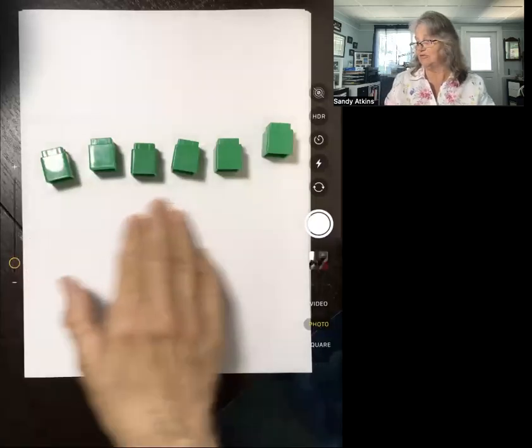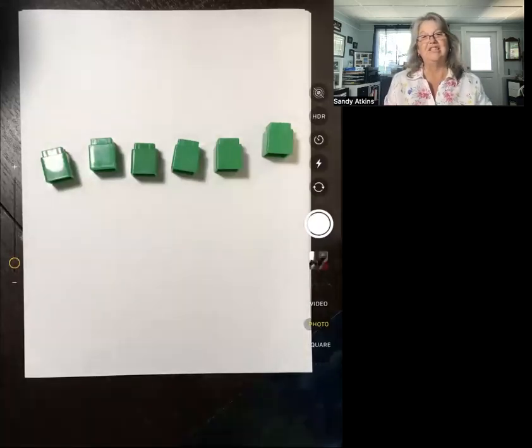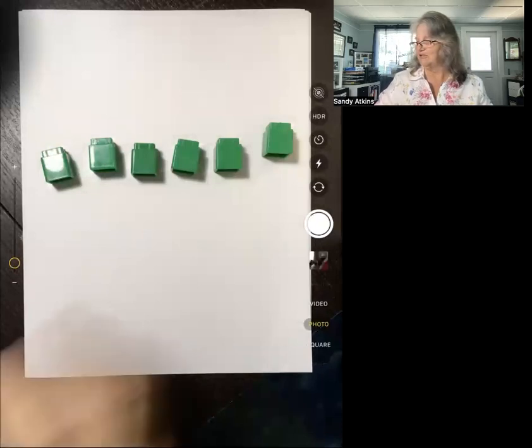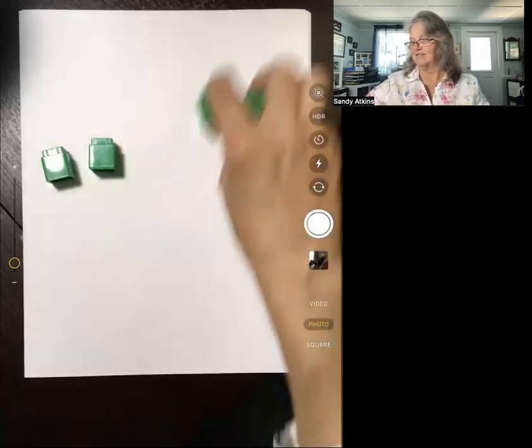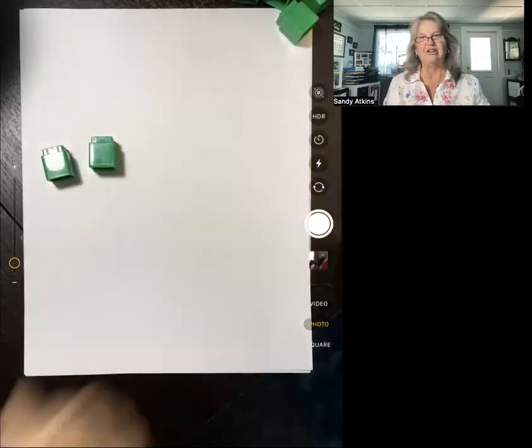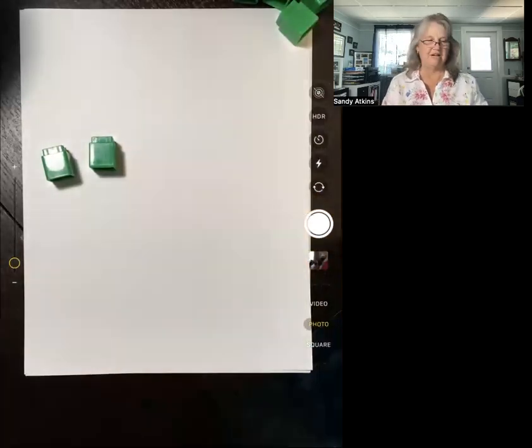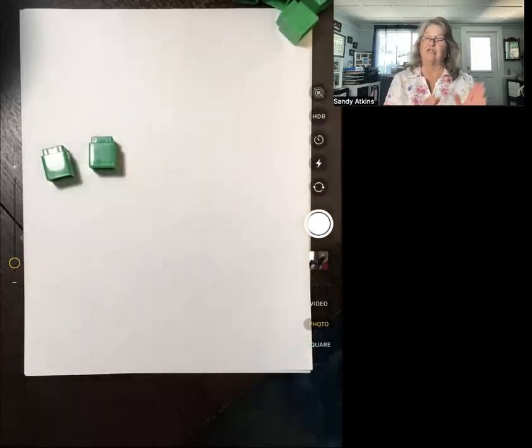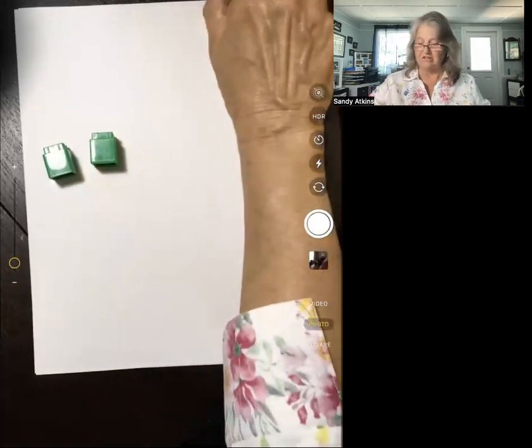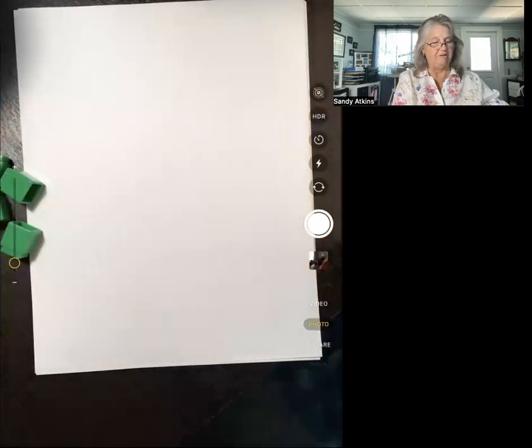Now think about these representing my birds. 6 birds are sitting on the fence, 4 fly away. Notice what happens here when I have those 4 flying away. So they acted out with counters, and then we also have them draw the related pictures.